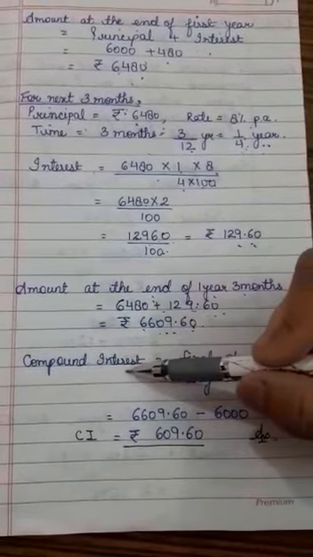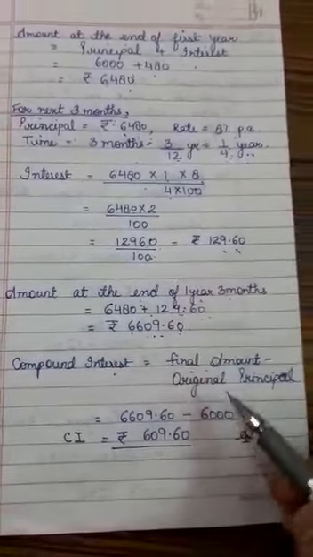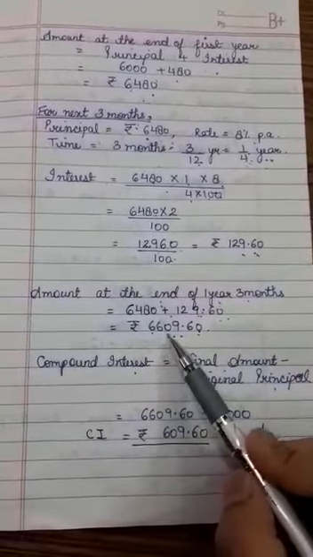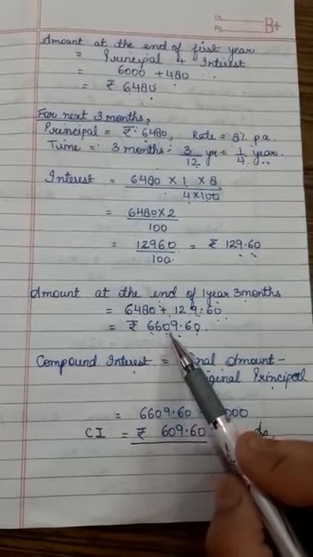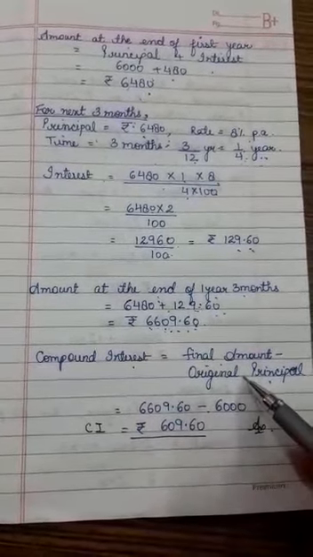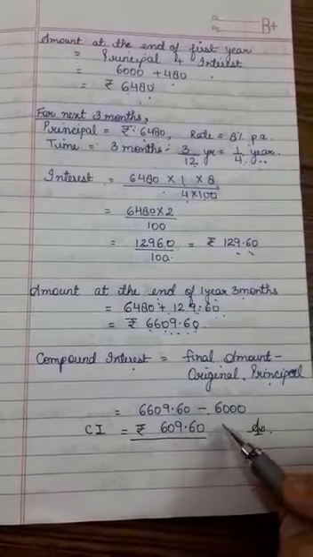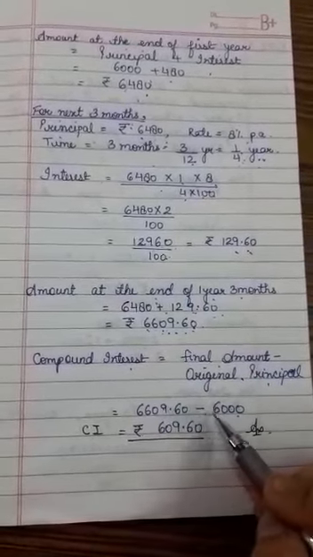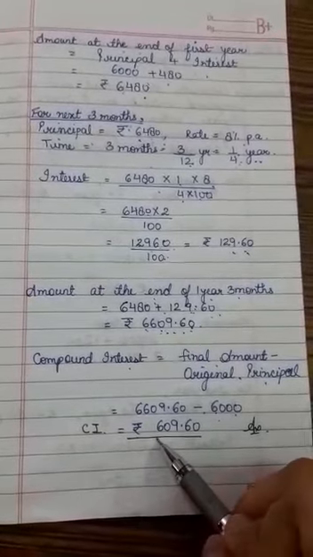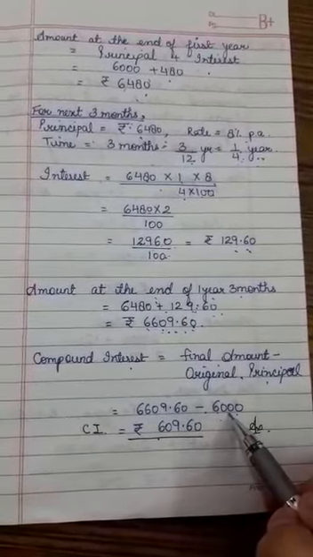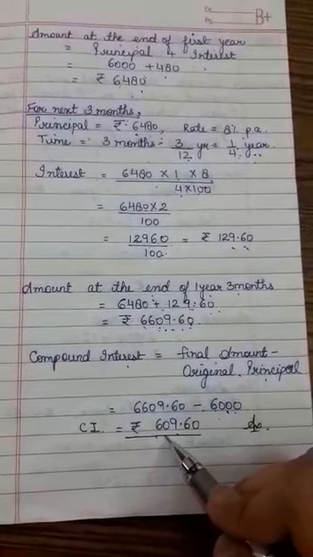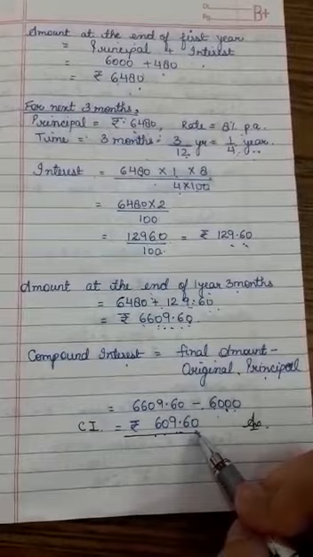So again, compound interest will be calculated with the formula final amount minus original principal. This is the final amount, that is 6,609 rupees and 60 paise, minus the original principal which was given in our question, that is rupees 6,000. So after subtracting, the compound interest for 1 year 3 months on rupees 6,000 lent at 8% per annum is equal to rupees 609 and 60 paise.